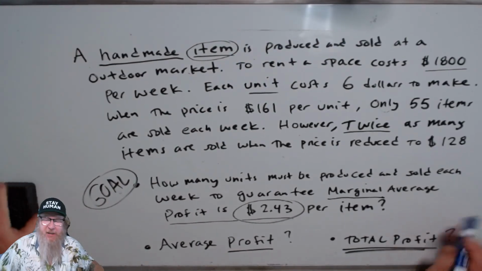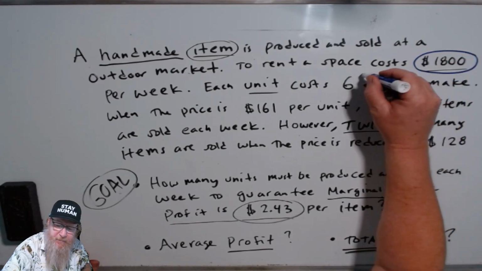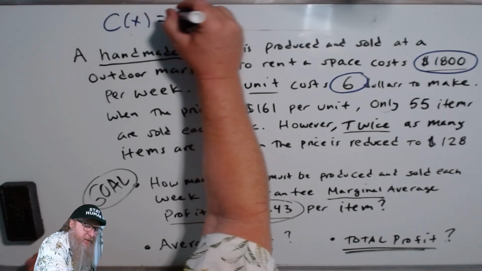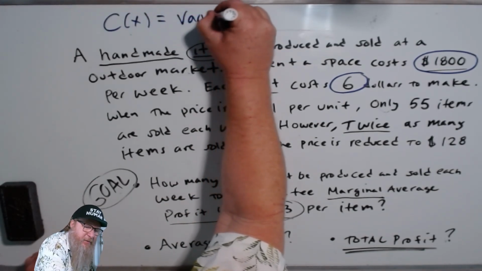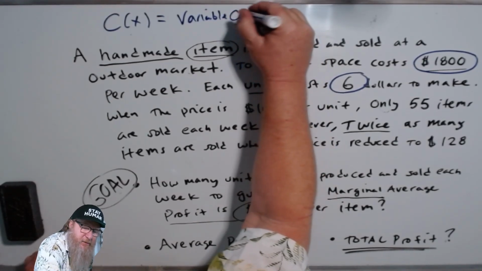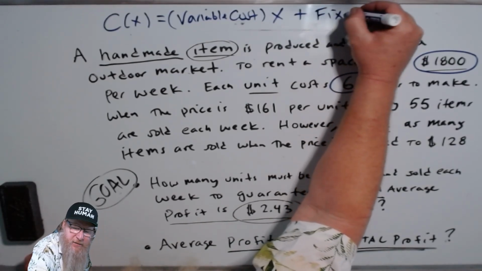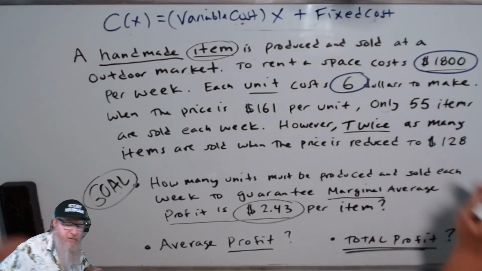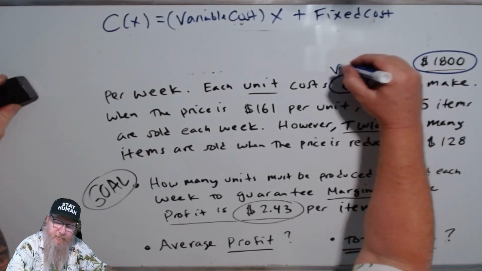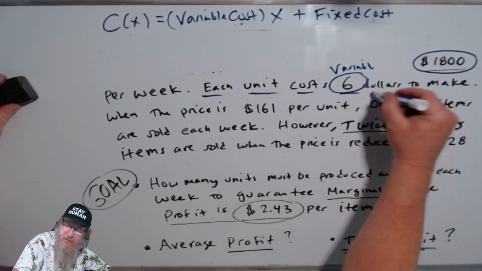Now, fortunately, I've given you everything you need. The cost is the variable cost times X plus the fixed cost. Variable, each unit costs $6 to make.